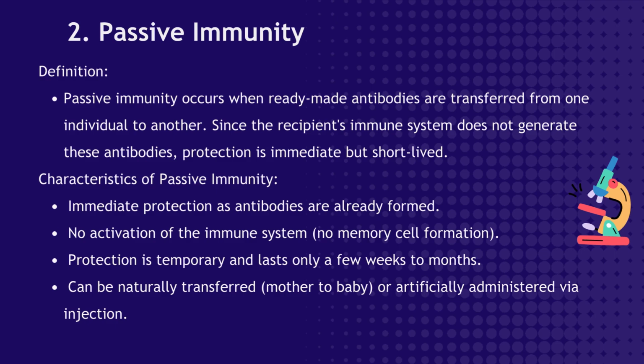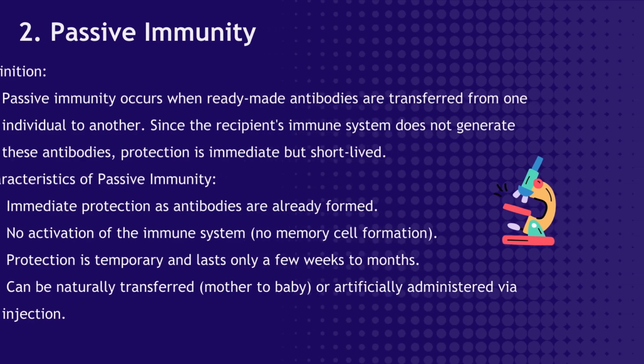Characteristics of passive immunity: immediate protection, as antibodies are already formed. No activation of the immune system, no memory cell formation. Protection is temporary and lasts only a few weeks to months. Can be naturally transferred, mother to baby, or artificially administered via injection.